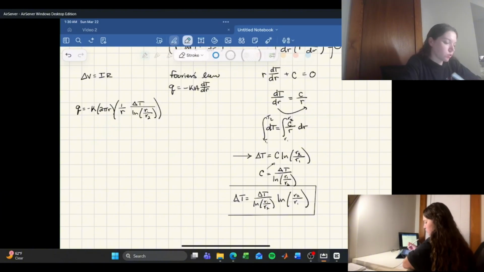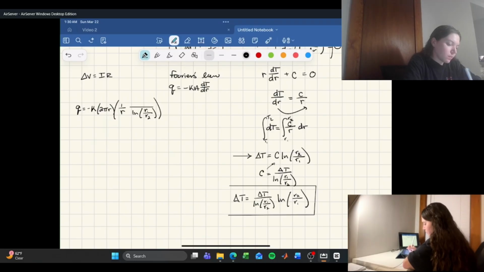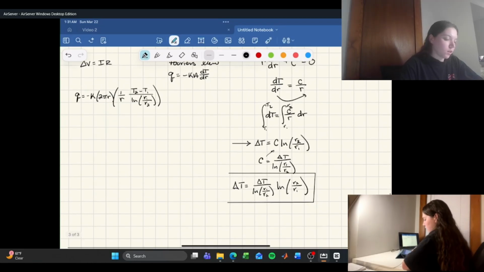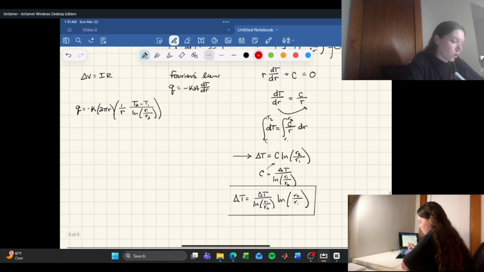And then while we're here, I'll just rewrite this to be T2 minus T1. And then looking here, the r's will cancel.